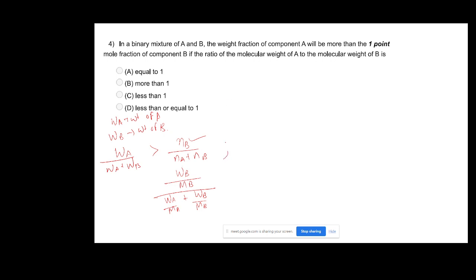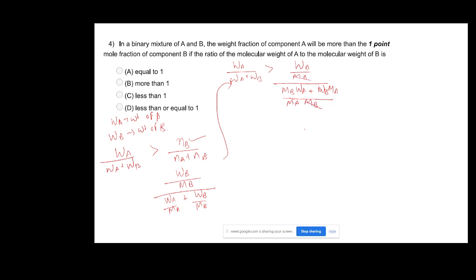If we simplify this further, WA by WA plus WB is greater than WB by MB divided by WA by MA plus WB by MB. Multiplying through by MA MB, we get WB MA in the numerator and MB here.